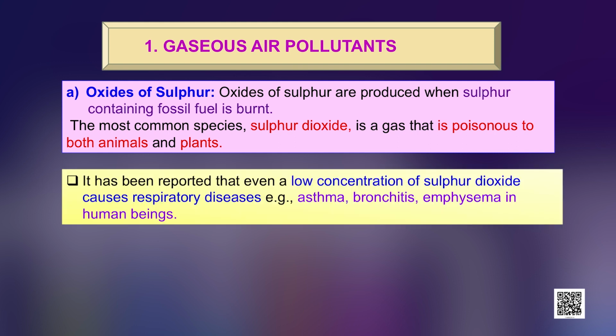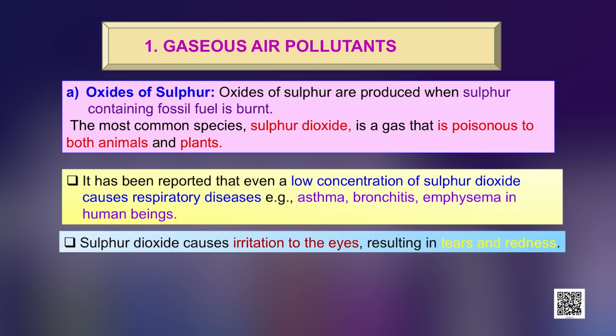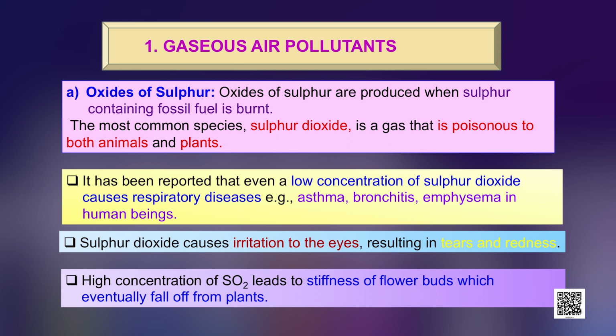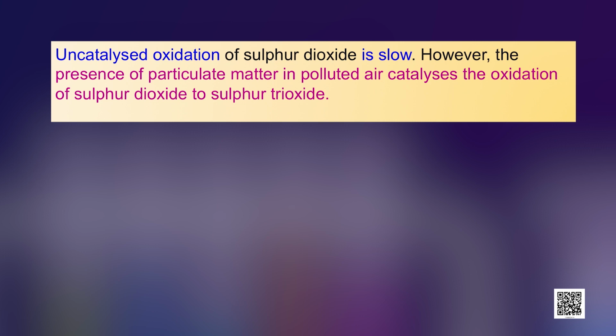It has been reported that even a low concentration of sulfur dioxide causes respiratory diseases such as asthma, bronchitis, emphysema in human beings. Sulfur dioxide causes irritation to the eyes, resulting in tears and redness. High concentration of sulfur dioxide leads to stiffness in the flower buds, which eventually fall off from the plants. The uncatalyzed oxidation of sulfur dioxide is slow.